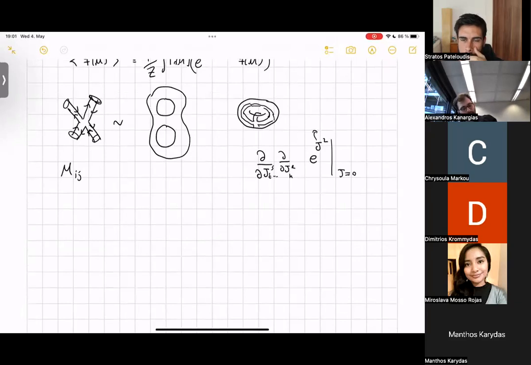Now, the procedure I was describing is from Saad, Shenker, and Stanford.